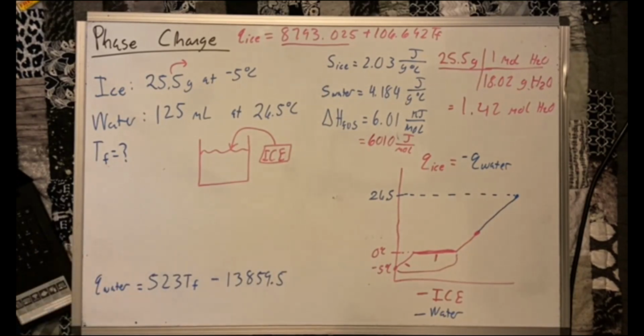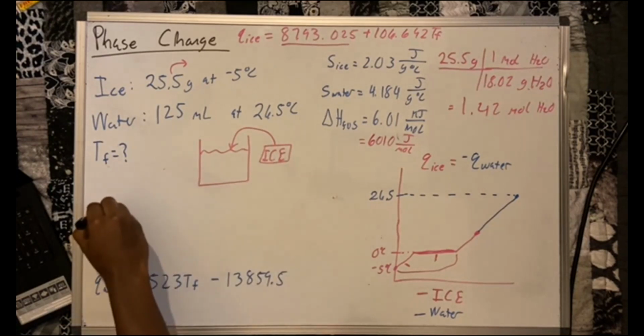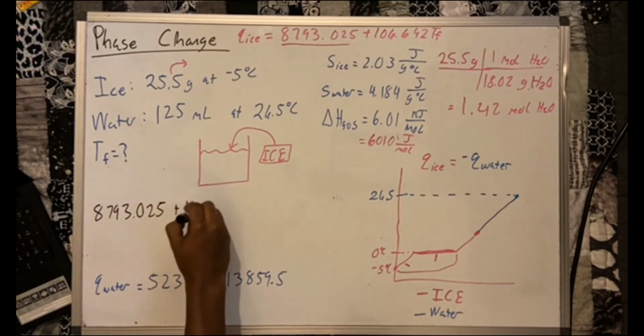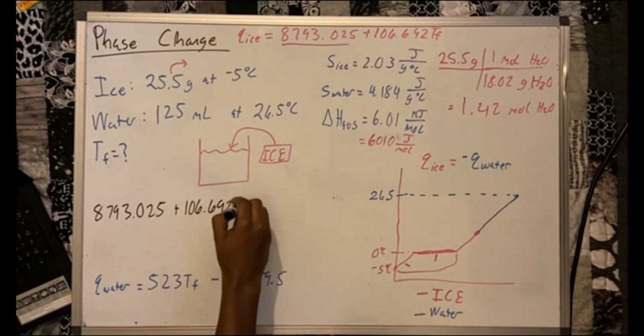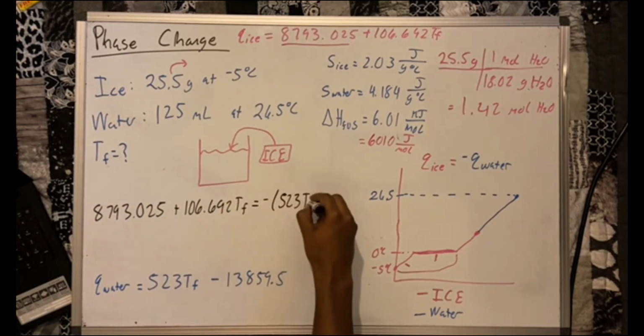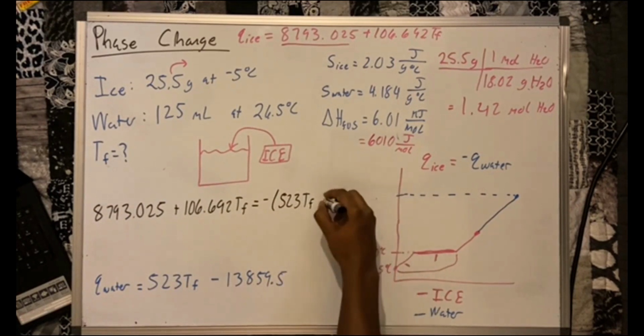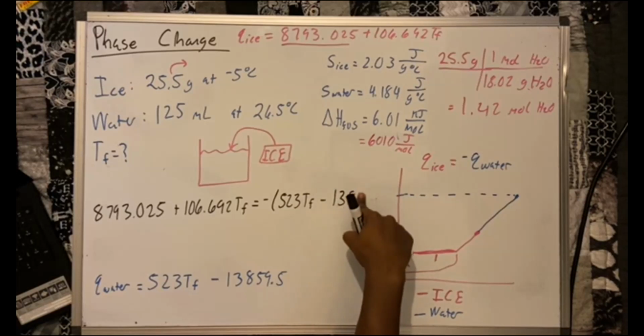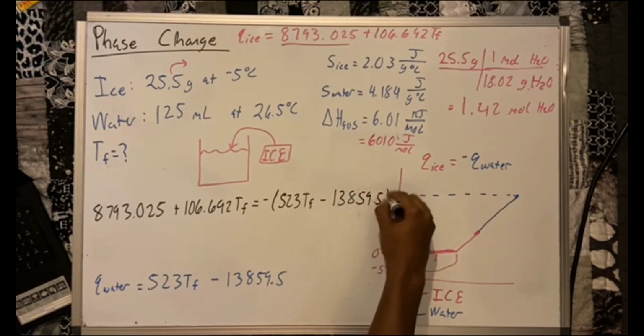Now we have both of our equations, so we'll set one equal to the negative of the other. So 8,793.025 plus 106.692 TF equals negative times my 523 TF minus 13859.5.